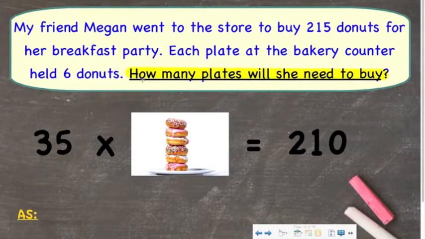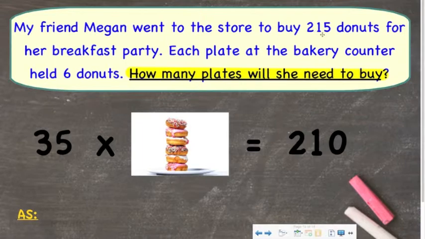In this particular one, the question was, how many plates will she need to buy? So, girls and boys, if I look back and I remember that I did 35 times 6, there are my 6 donuts, and it got me to 210 because I had a remainder of 5. Now, knowing that she needs 215 donuts, I know this is not enough.